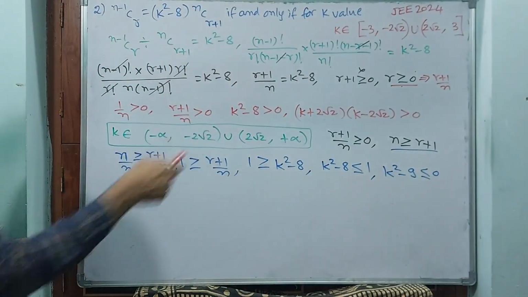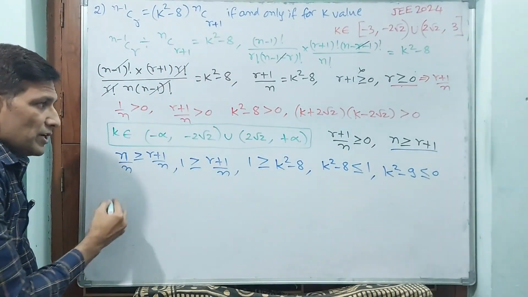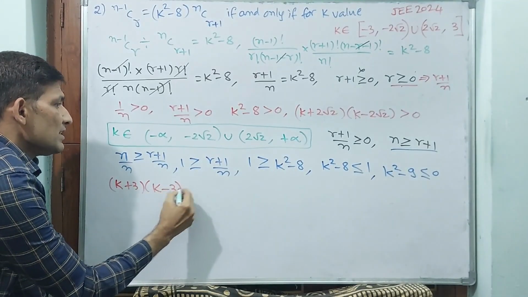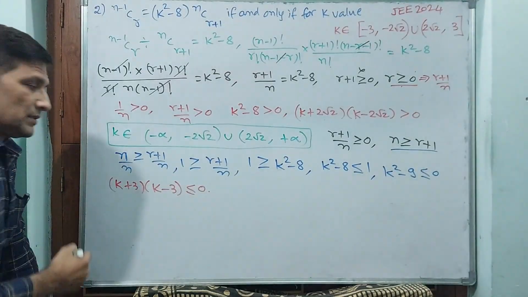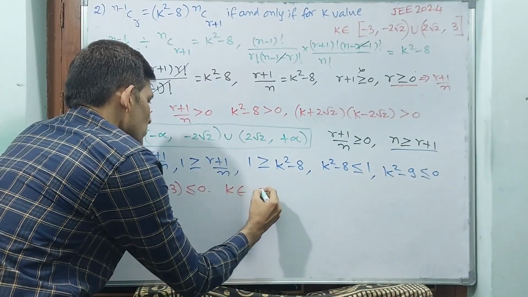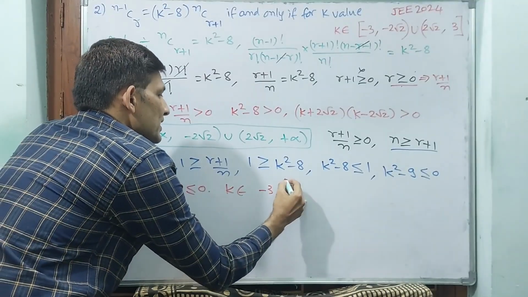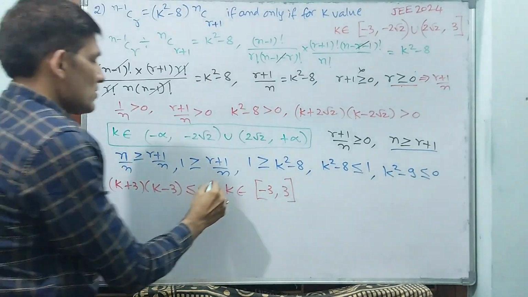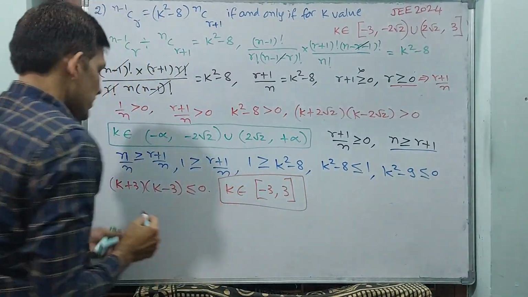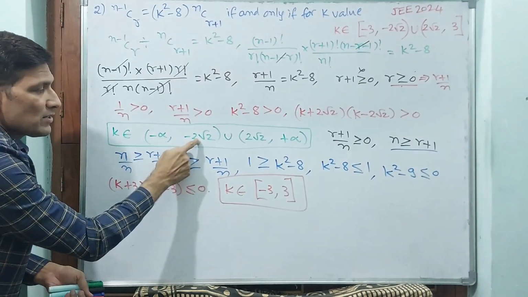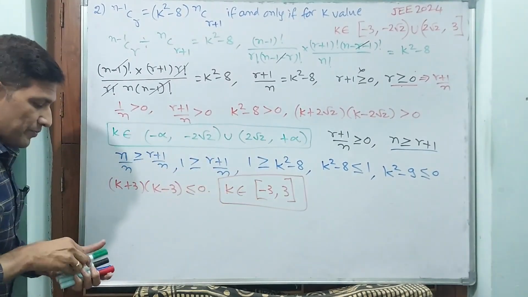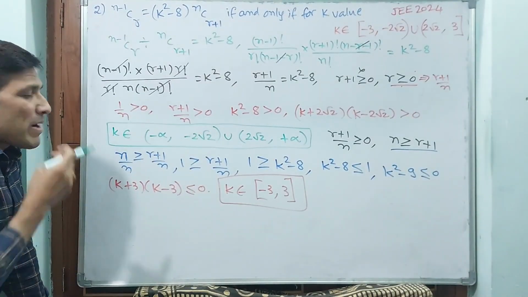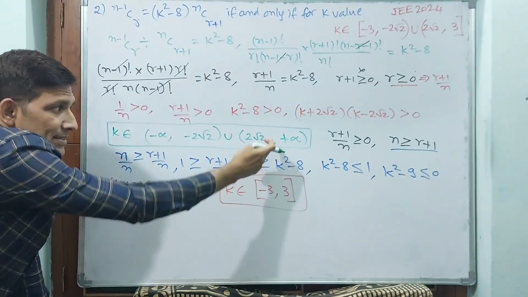Okay, now with that also we will get another inequation. See, (k plus 3) into (k minus 3) is less than or equal to 0. In this case, k belongs to minus 3 to plus 3, but closed interval. Why? Because here equal to also is there. Okay, now the k values: two sets have come, minus infinity to minus 2 root 2 and 2 root 2 to infinity, and this. Now what will happen? Why? Because minus 2 root 2 is about 2.8, less than 3.